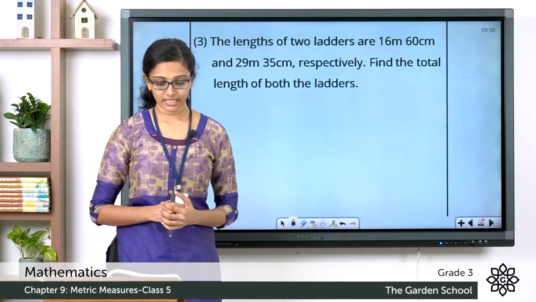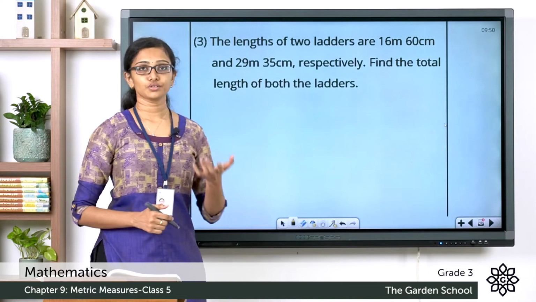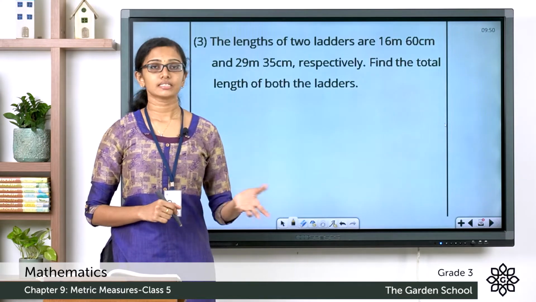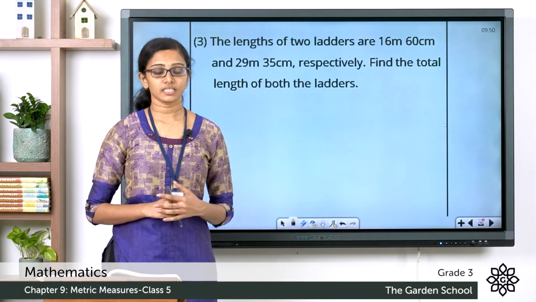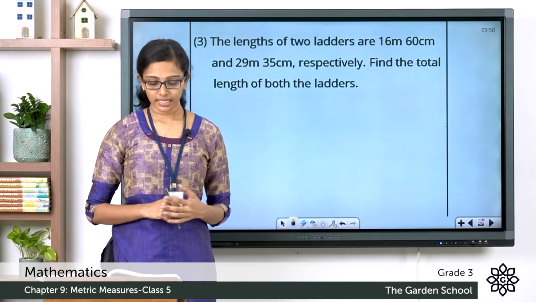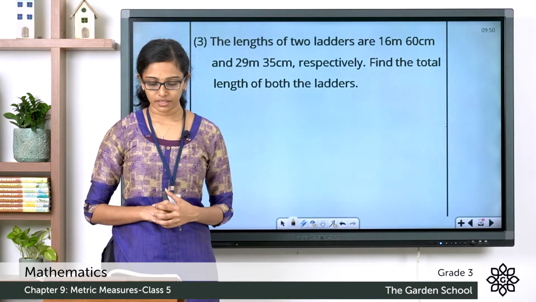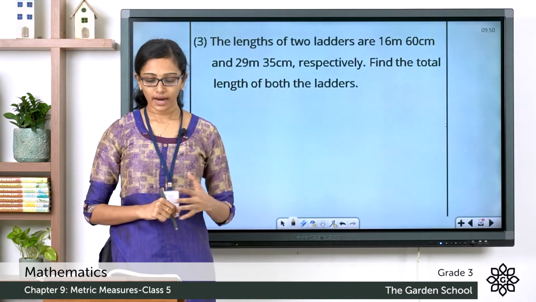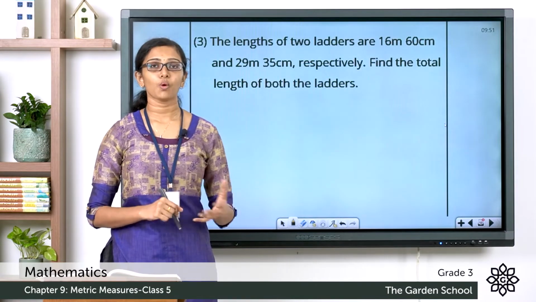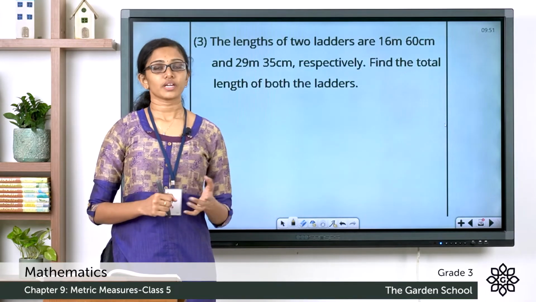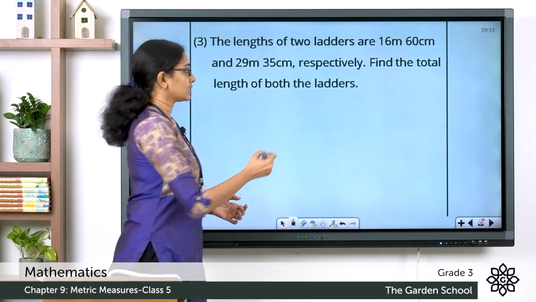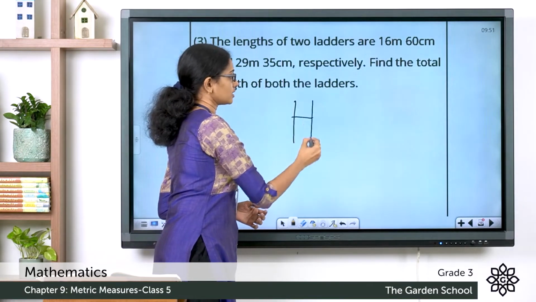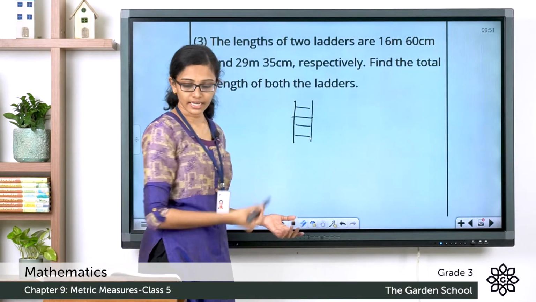And the next question is, the lengths of two ladders are 16 meter 60 centimeter and 29 meter 35 centimeter respectively. Find the total length of both the ladders. So you have two ladders and let this be the first ladder, and what is the length of it?